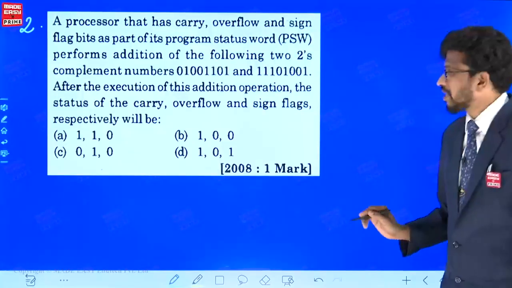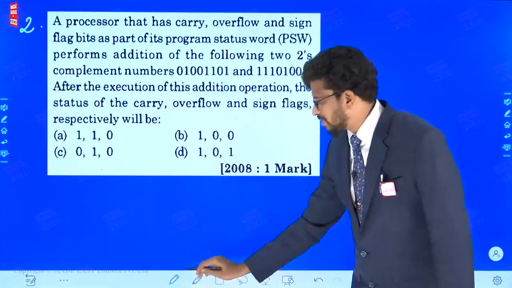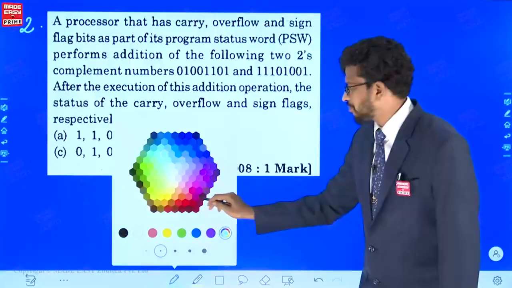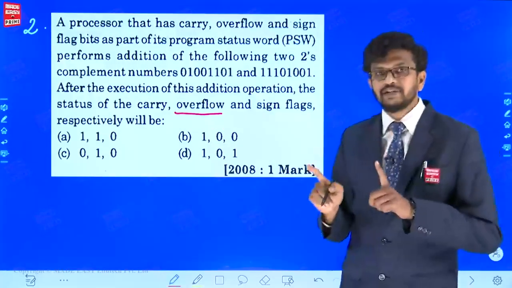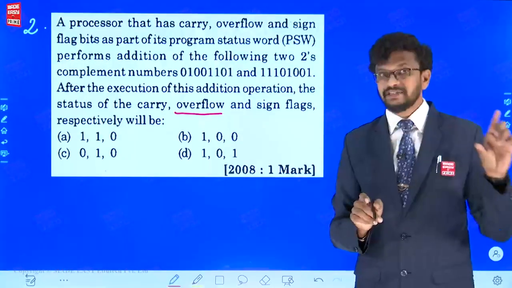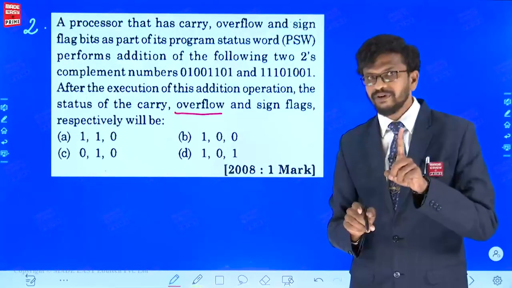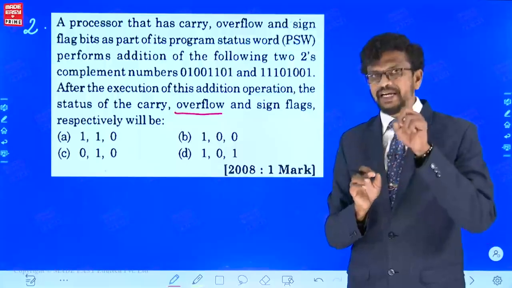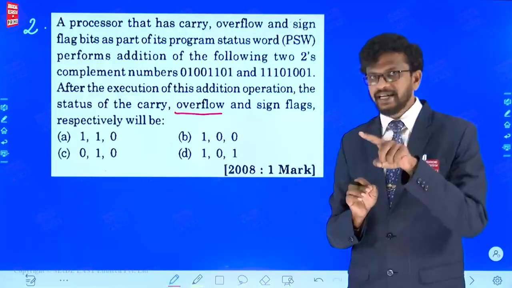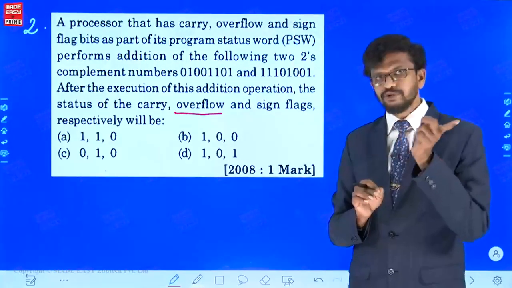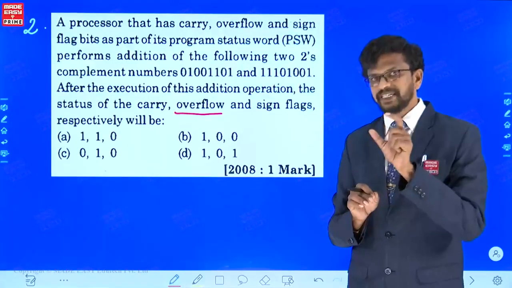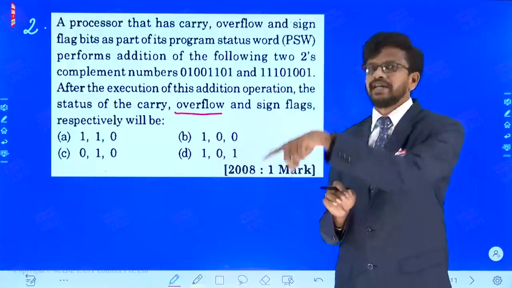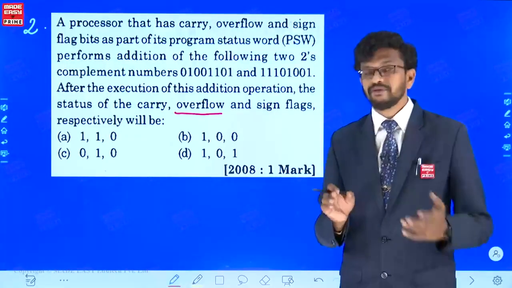Remember carefully. Whenever the question talks about overflow, you must add in binary fashion, because to find the overflow you need the carry from D(n-2) to D(n-1) and the carry from bit D(n-1) to the carry flag. If both happen, overflow is 0.